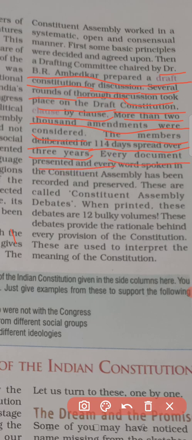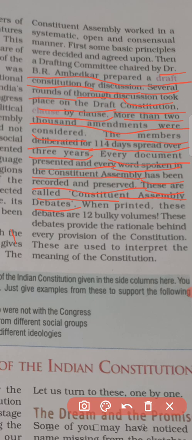Every document presented and every word spoken in the Constituent Assembly has been recorded and preserved. These are called the Constituent Assembly debates. And here the question can arise, what are the Constituent Assembly debates? Every document present and every word spoken in the Constituent Assembly has been recorded and preserved. These are called the Constituent Assembly debates.